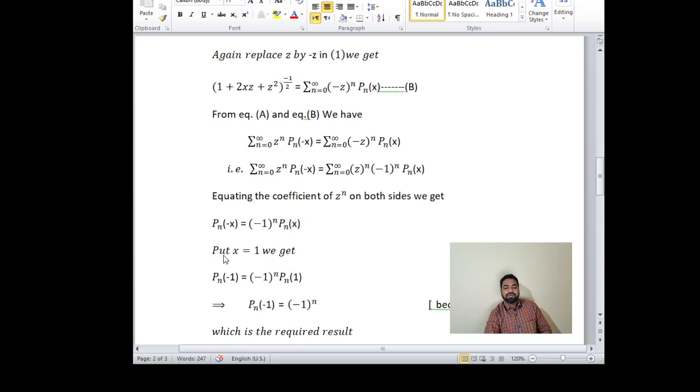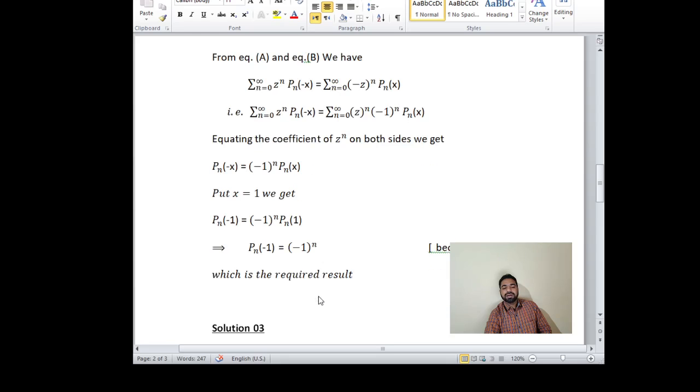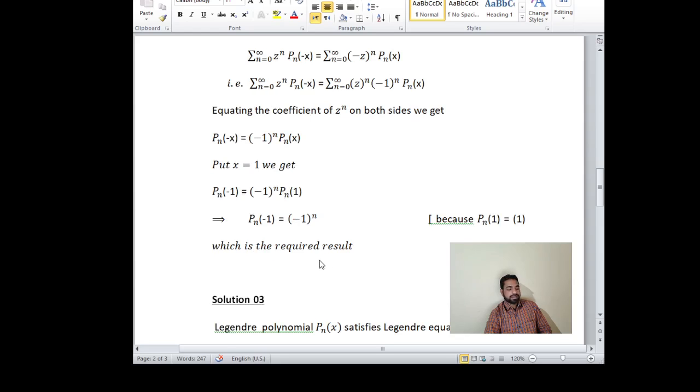Again we put x as 1, and we get Pn of minus 1, which is equal to minus 1 raised to n Pn of 1. But we know that Pn of 1 is 1. So this equation reduces to Pn of minus 1 which is equal to minus 1 raised to n, which is the second required result.